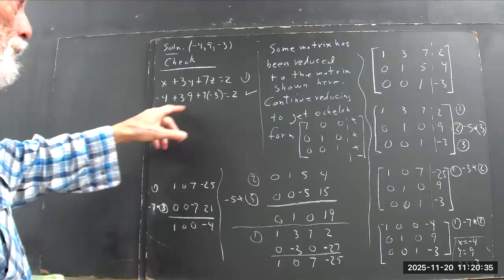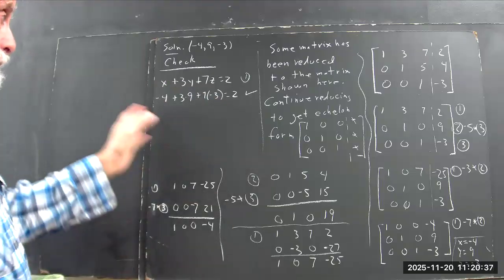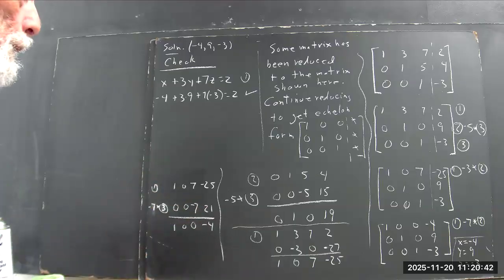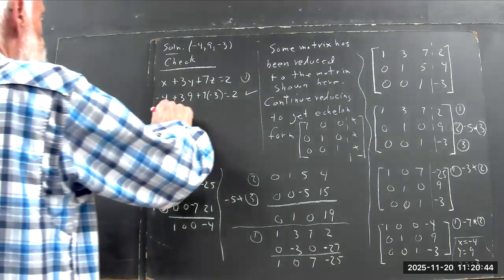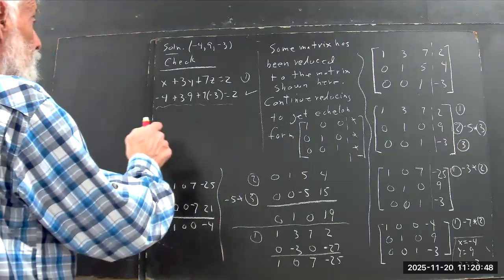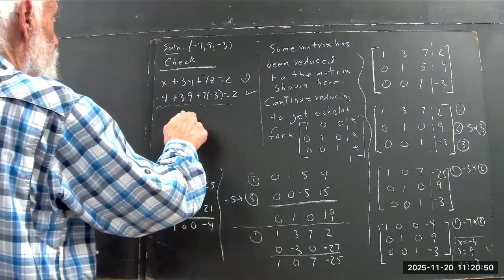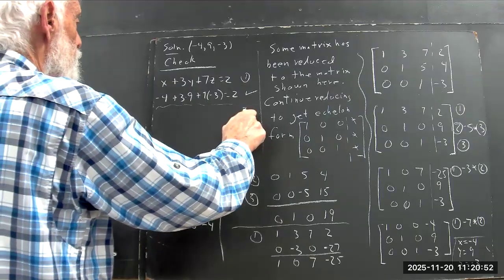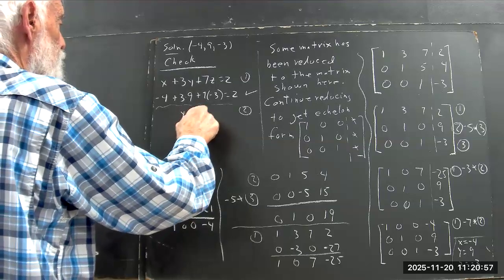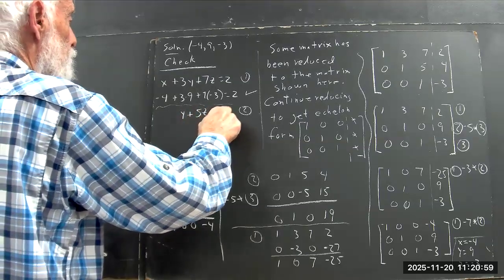Now, I do encourage you to do it in your head, because none of these numbers are very big. They're all numbers that are pretty easy to deal with. And we really need to be able to use our heads. But the calculator is a great backup. Okay, the second equation corresponding to the second row is y plus 5z equals 4.